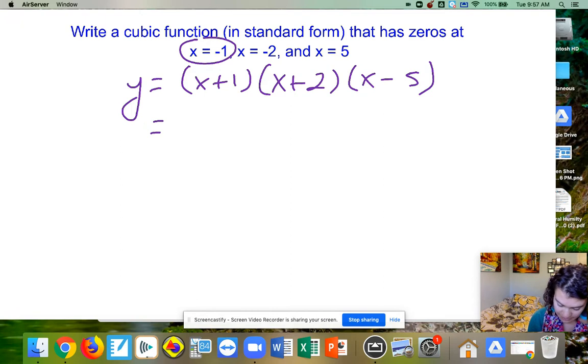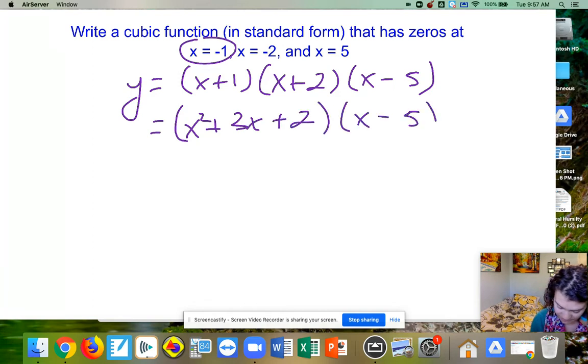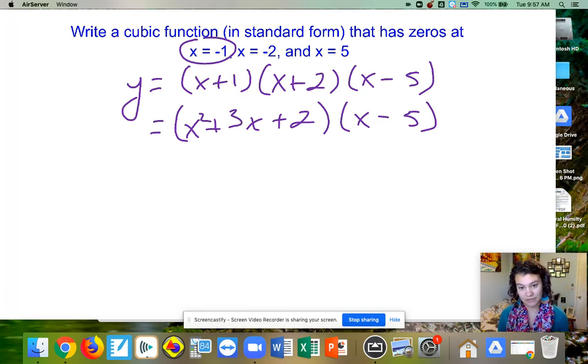So x plus 1 times x plus 2, you'll get x squared plus 3x plus 2 times x minus 5. You could potentially multiply all three together at once. I'd recommend doing two together and then times the third one, just so you don't get mixed up with all of your expanding.